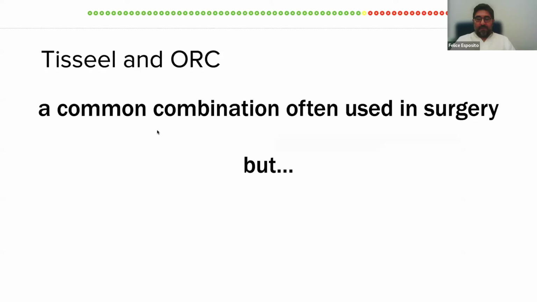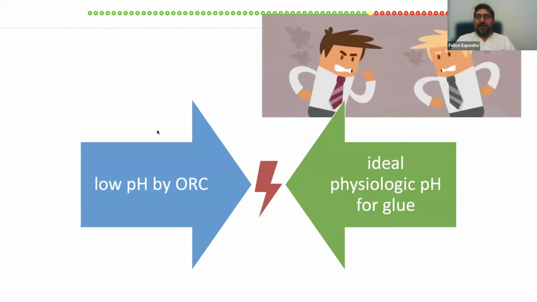I'm sure every one of us uses fibrin glue with the Surgicel. This is a common combination used in neurosurgery. We have to remember that the two things together should not be used.